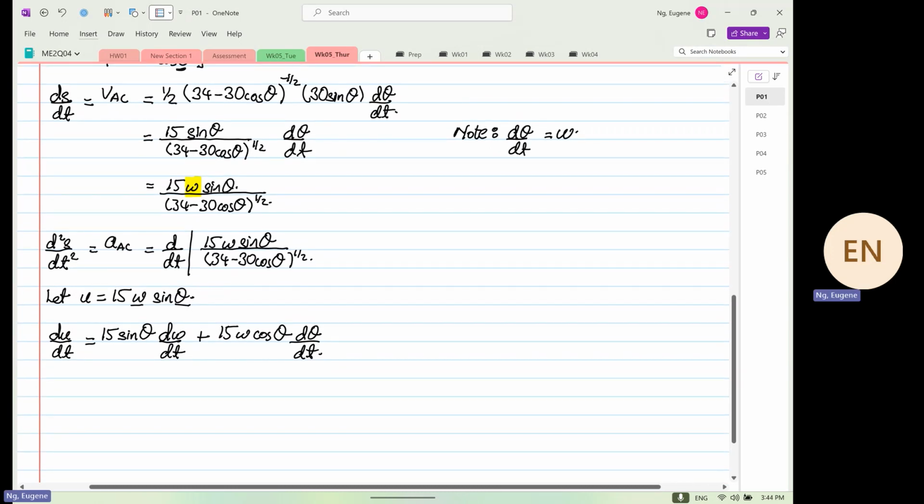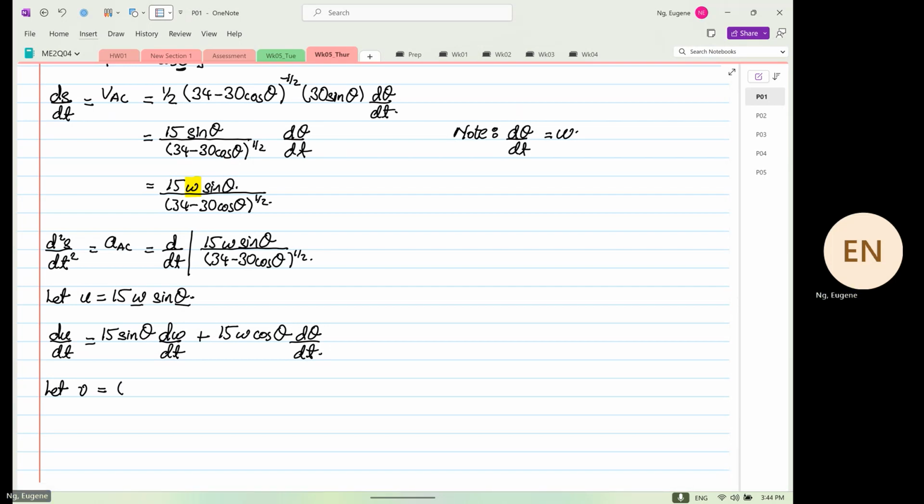Then we're going to let small v be equal to 34 minus 30 cos theta power of half. Then you underline which one is a time variable. So for this case, it's very obvious. So now you have your dv over dt.